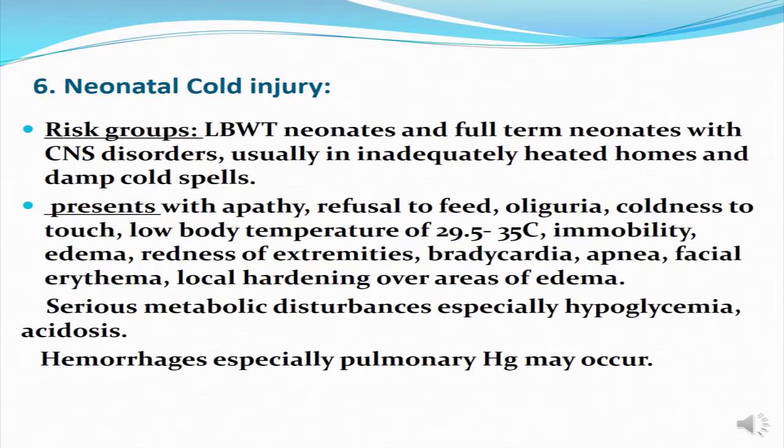They also have immobility, edema, and there is redness of the extremities called scleremia. All scleremia, they are cold to touch, red and hard. They might develop serious metabolic disturbances, especially hypoglycemia and acidosis, and hemorrhage, especially intrapulmonary hemorrhage, might occur, which is associated with high mortality.